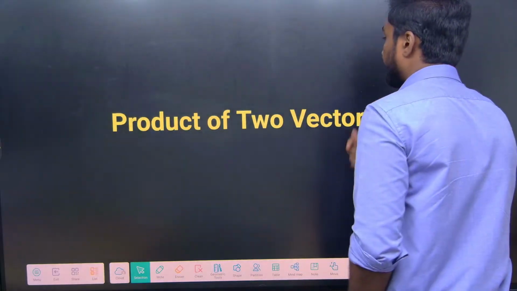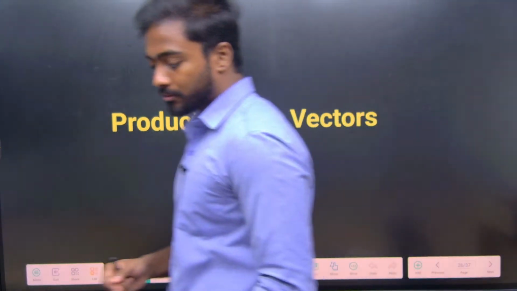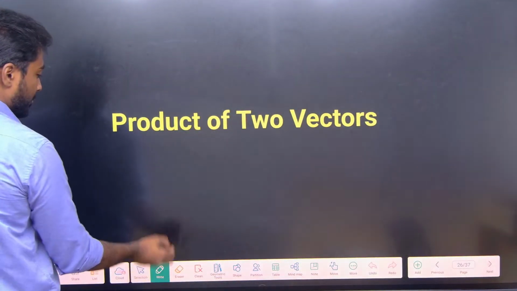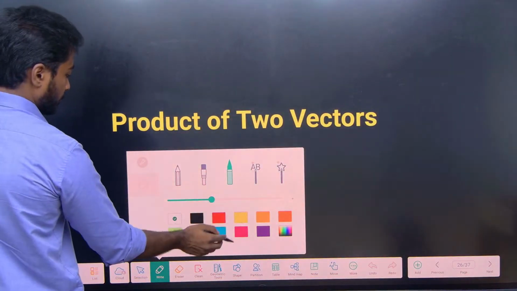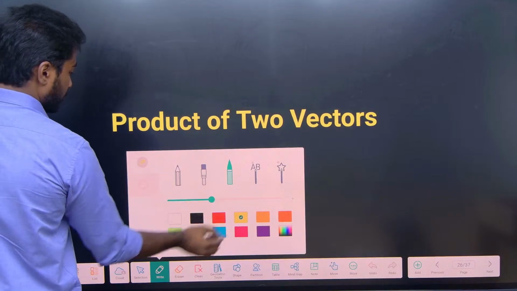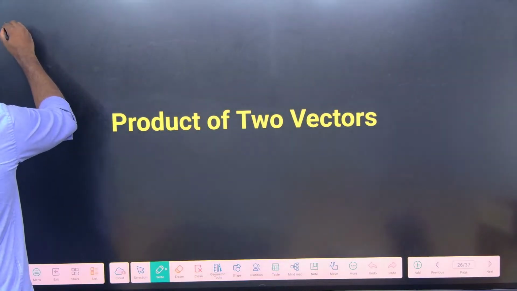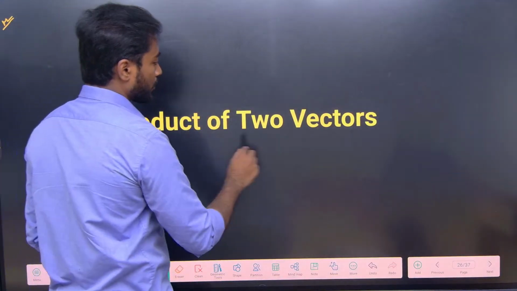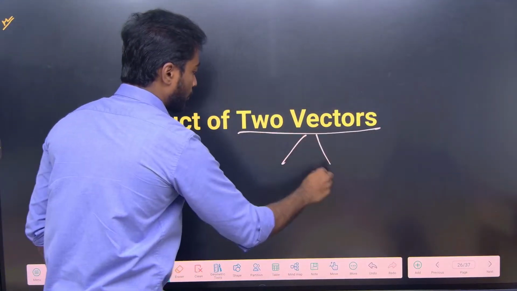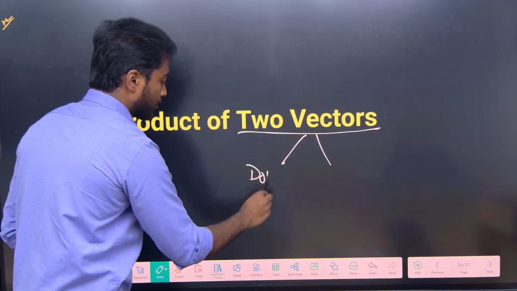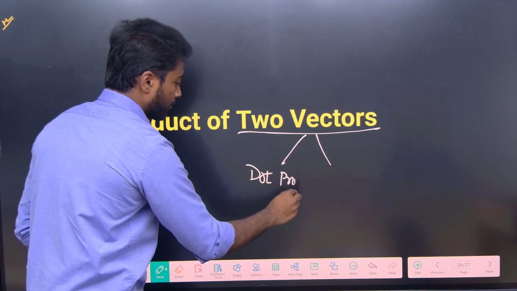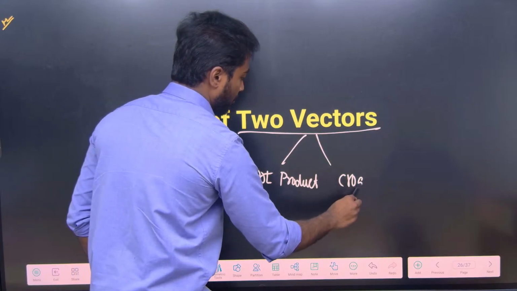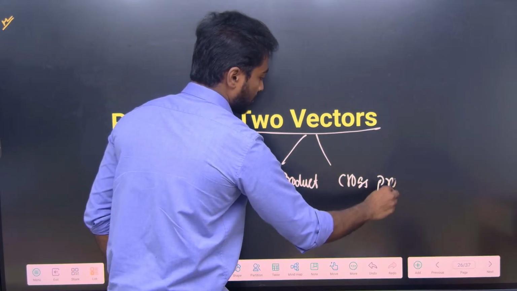So, product of two vectors. The product of two vectors has been classified into two types: one is dot product and one is cross product.